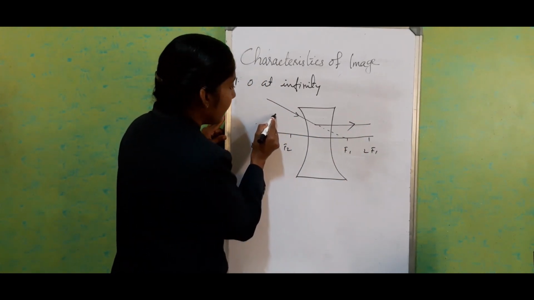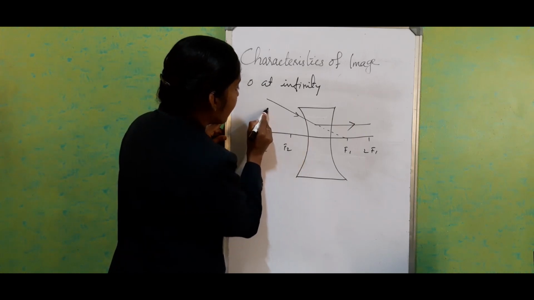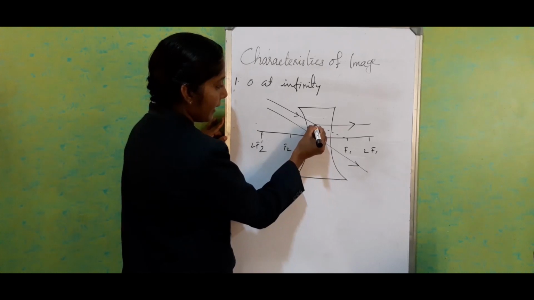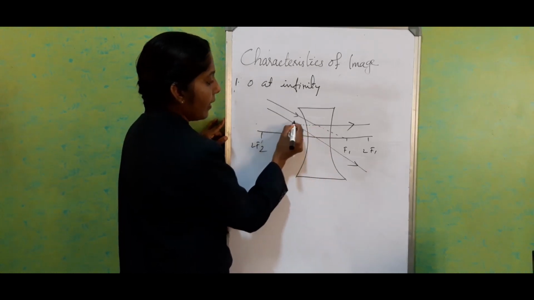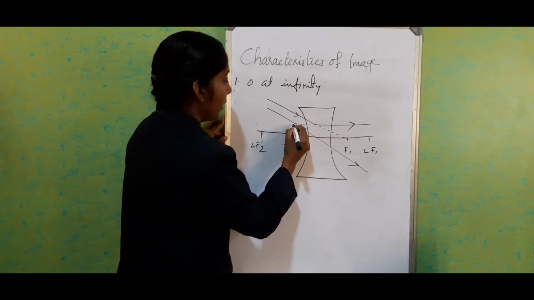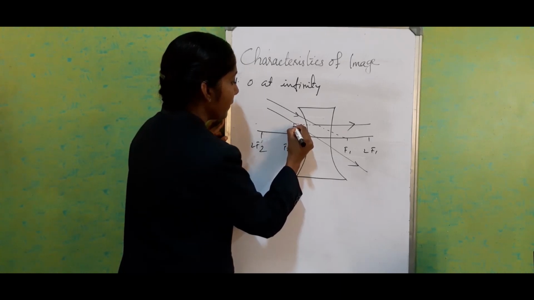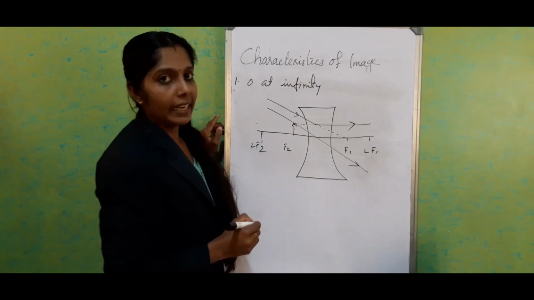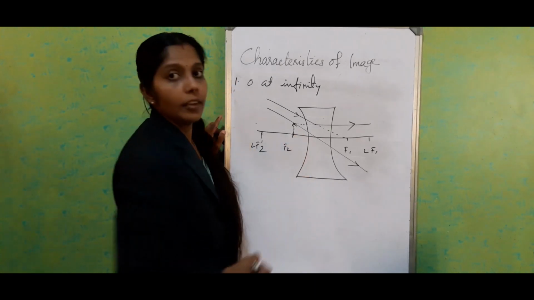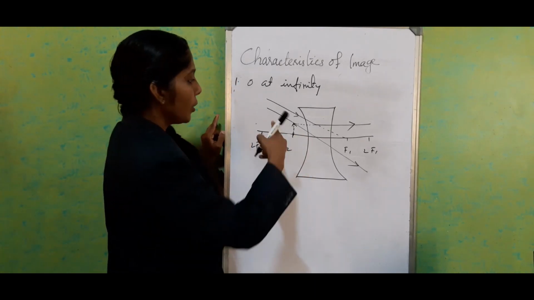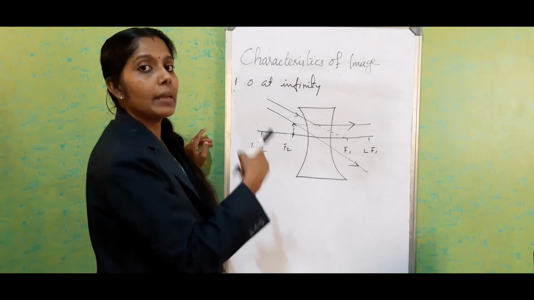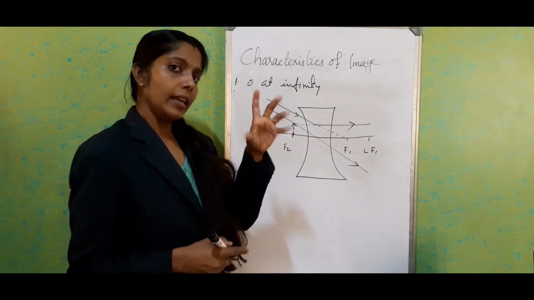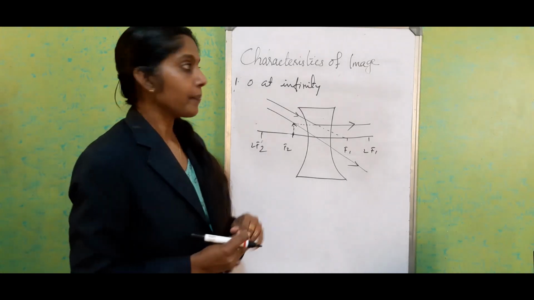And another ray passes through the optic center. If we extend this refracted ray, we will get the image position here, at our second focus. So in this case also we are getting an erect image, virtual image, at the focus, and it is also small in size.